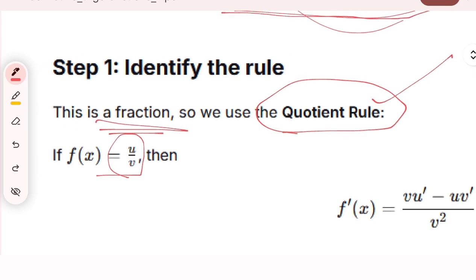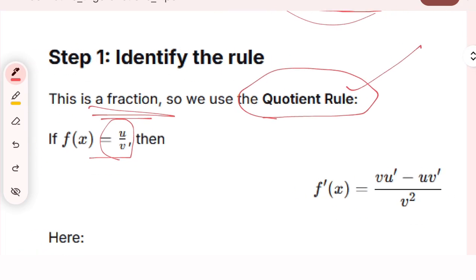The quotient rule states that the derivative is equal to the denominator multiplied by the derivative of the numerator, minus the numerator times the derivative of the denominator, divided by the denominator squared, v squared. It's quite easy, right?